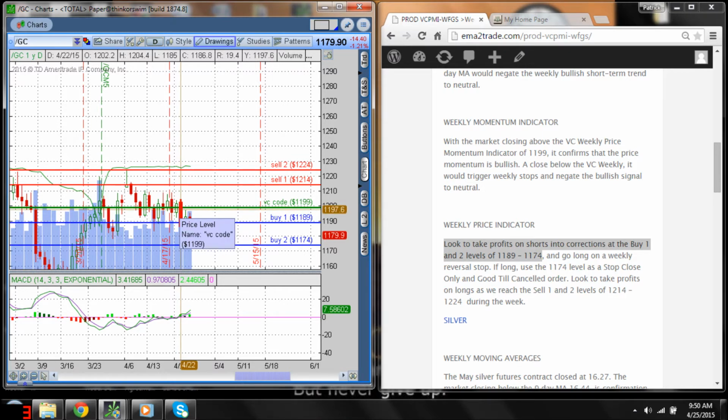So what I'm trying to show you is the daily price action, how it identifies the entry points into the weekly signal. And today and yesterday, or for the past 3 days, we have been testing these buy one and buy two levels in gold between 1189 and 1174.